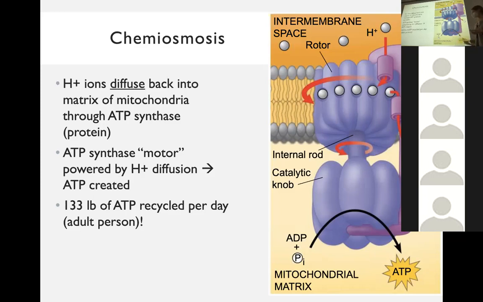The ATP is formed and then used again for other processes. So we recycle, going from ATP to ADP, using it and making it, about 133 pounds of that per day, which is crazy. It's a tiny little molecule. So that being said, we do it a lot. We make a lot of ATP and we break a lot of ATP down.